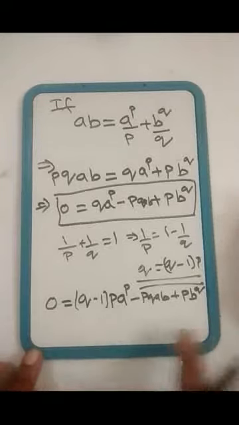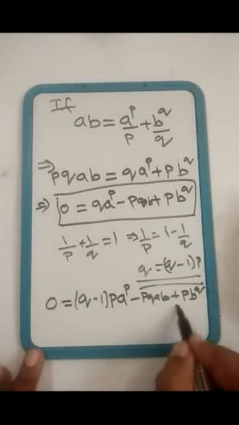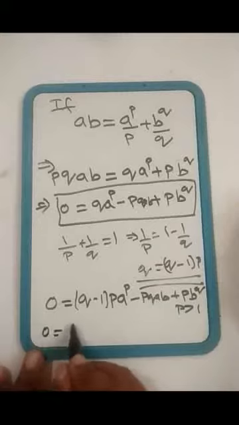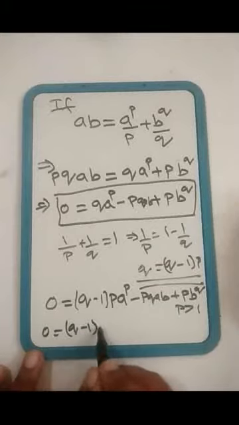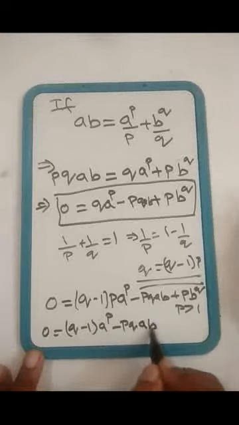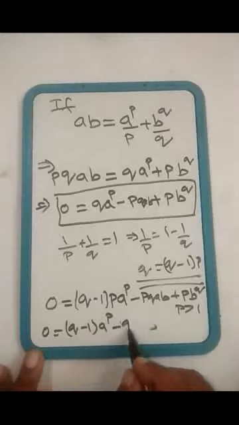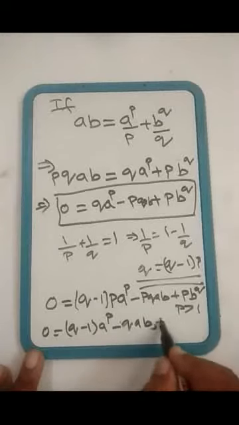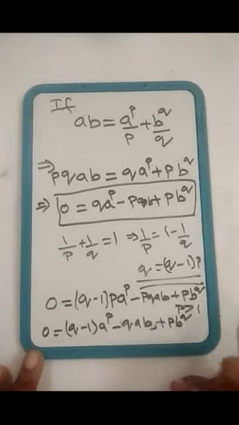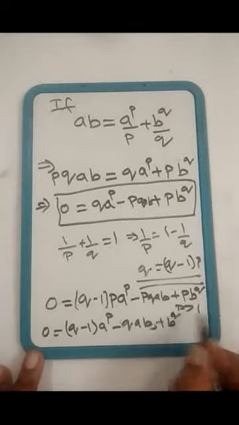Now divide throughout by p. Since p is greater than 1, 0 is equal to q minus 1 a raised to p minus pq ab. We are dividing by p, so this becomes q ab plus p b raised to q, also dividing by p.